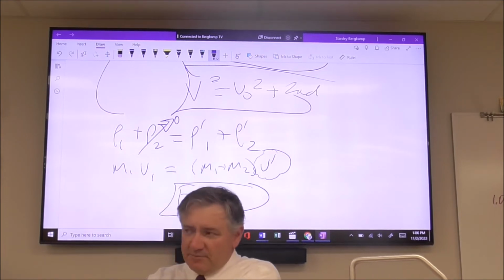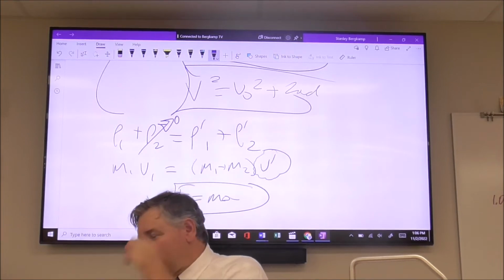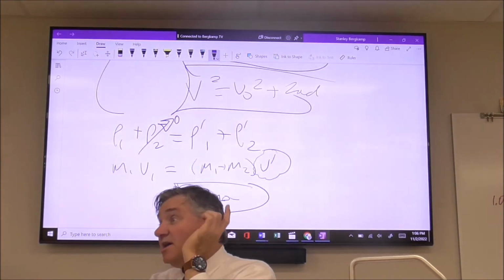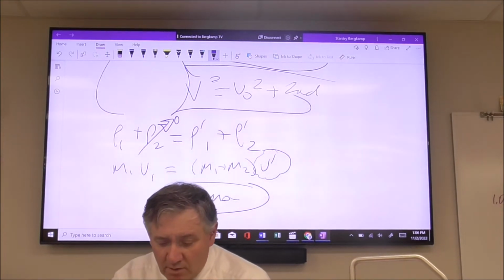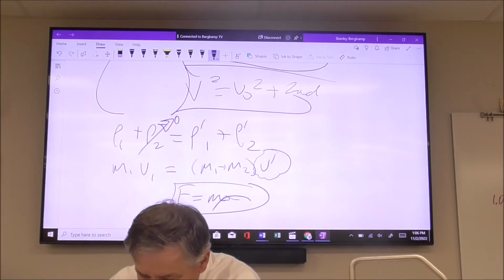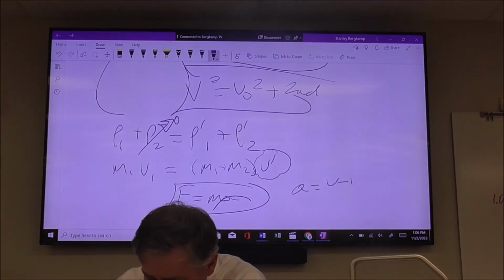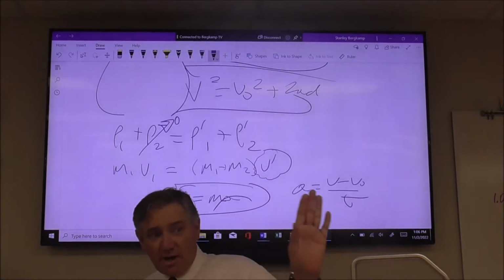You have a positive velocity and you're slowing down. That's why I purposely made that a negative value. So you could go old school and find the acceleration, and then go a equals v minus v naught over time. That's one option.